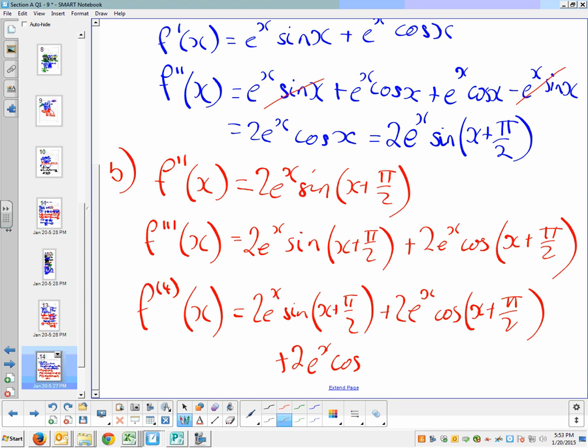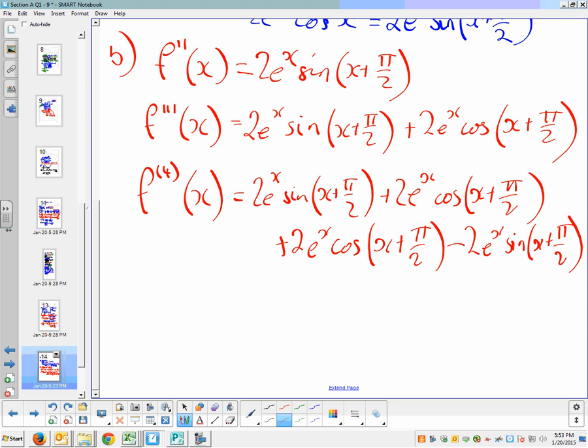So this is differentiating the second term now. Minus 2 e to the x sine of x plus pi by 2. Those cancel, and we're left with 4 e to the x cos of x plus pi by 2.